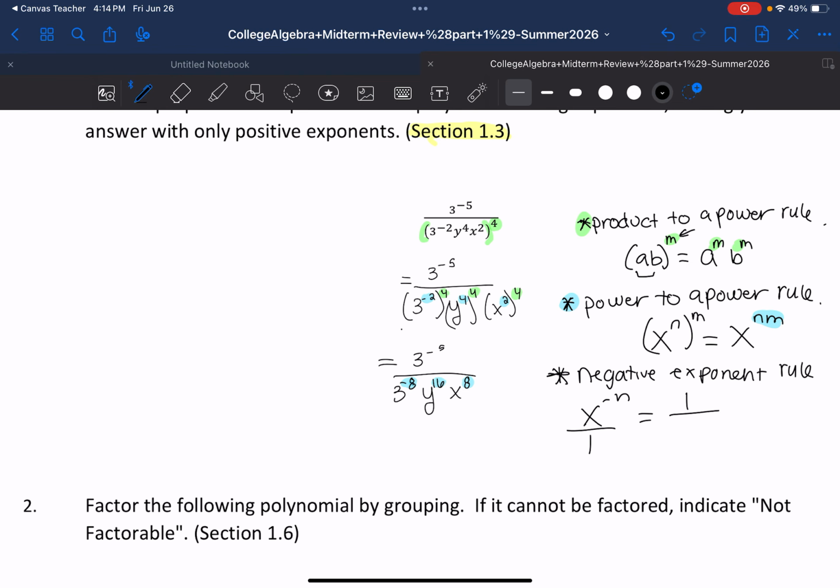So this would be 1 over x, and then it changes the exponent to a positive exponent.